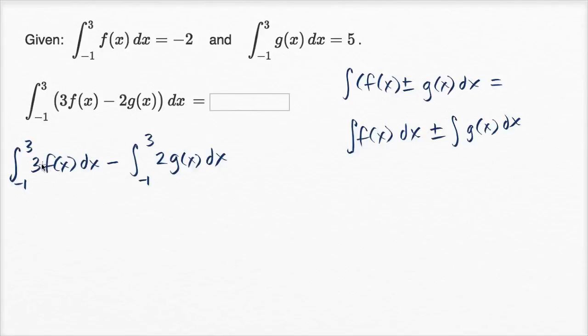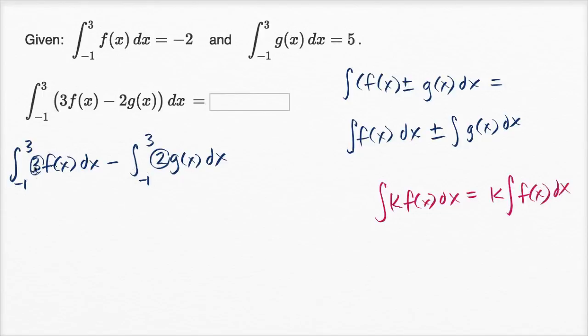We're multiplying the functions on the inside by these numbers, 3 and 2, and we can take those outside of the integral. That comes straight out of the property that if I'm taking the integral of some constant times f of x dx, that is equal to the constant times the integral of f of x dx.